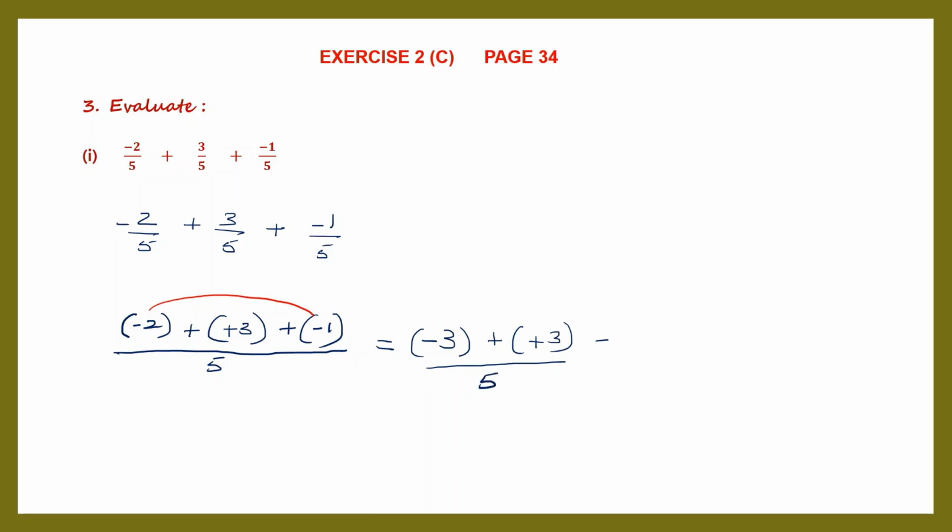Now minus 3 plus 3. The numbers are the same, signs are different. Minus 3 plus 3 will be equal to 0. Now 0 by 5 is equal to 0. 0 divided by any number will give us the answer or the quotient as 0. So the answer to the first question here is 0.